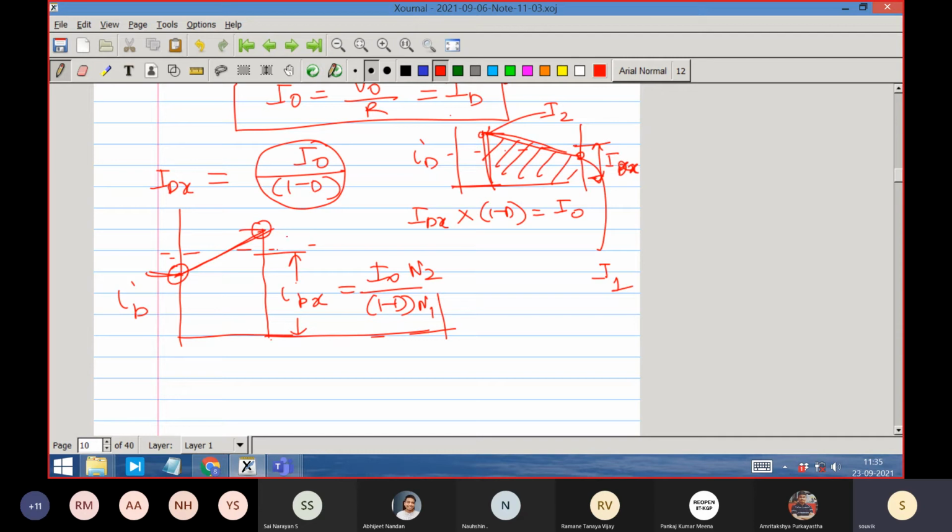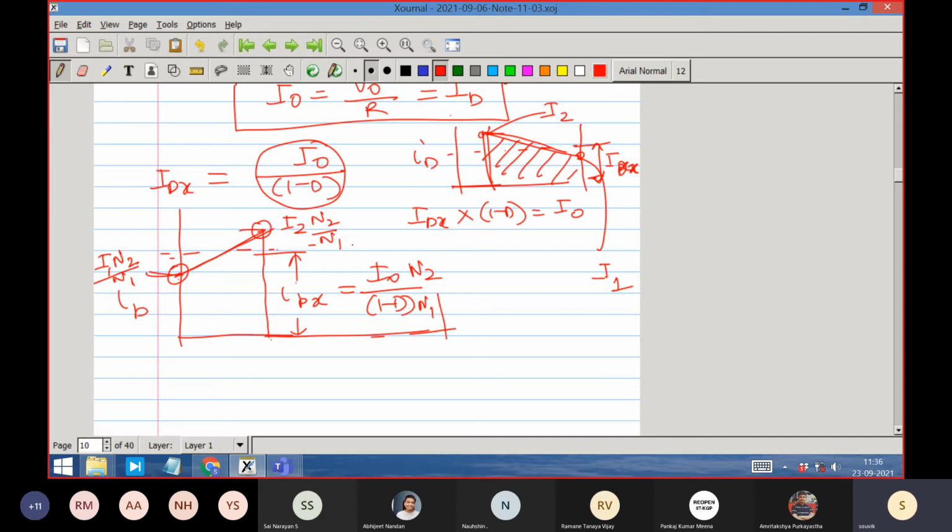So this point is nothing but I2 N2 by N1, and this point is nothing but I1 N2 by N1. That is the way we can completely sketch.